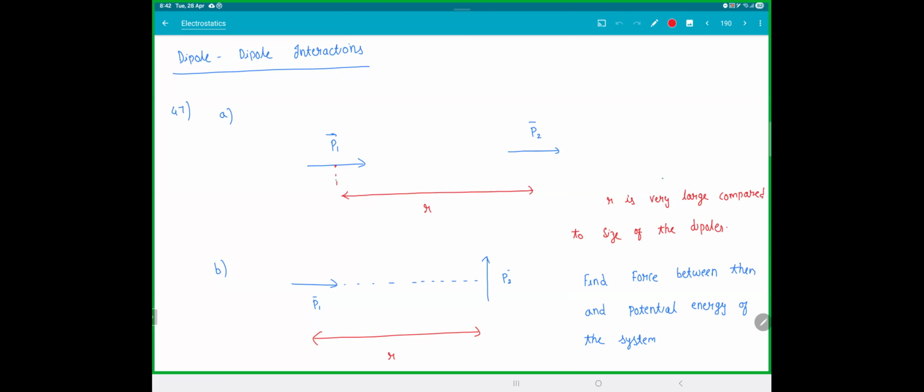Can you find the second part, everyone here? If the dipoles are perpendicular, can you find the force between them and the potential energy? How do we do this?